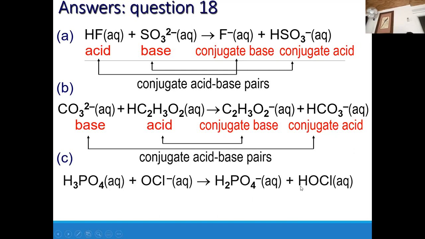Mhm. HOCl. All right, a couple points. Is it going to be harder to take a hydrogen away from a negative ion? It's already negatively charged. If I try and pull a positive hydrogen from a negatively charged ion, is that going to be harder than taking a hydrogen from a neutral acid?